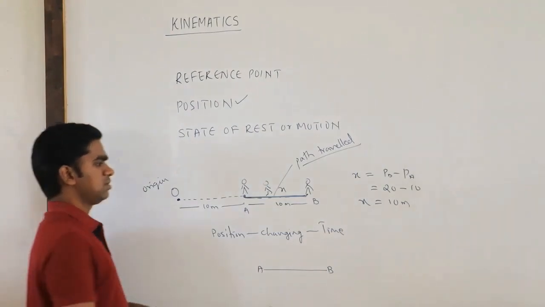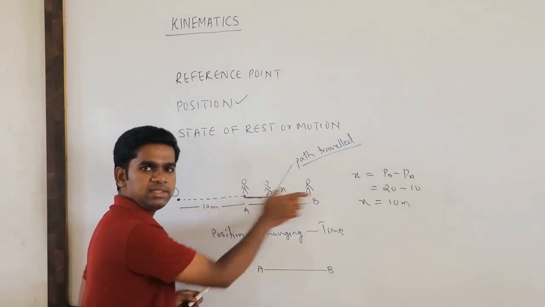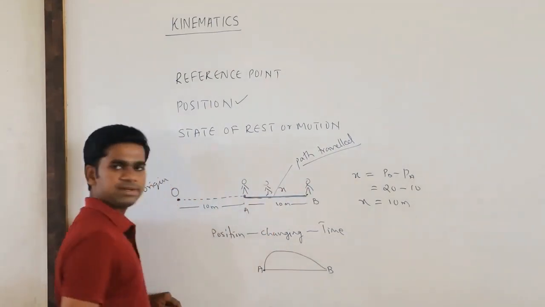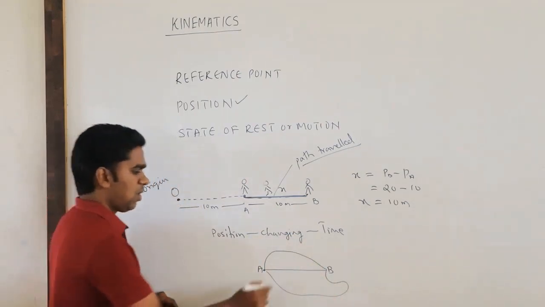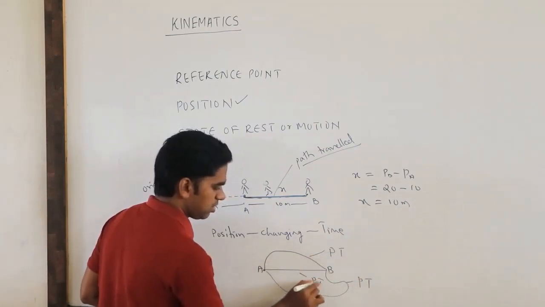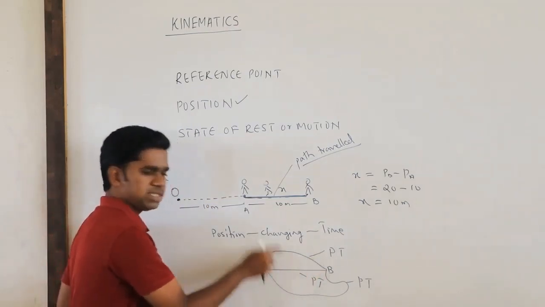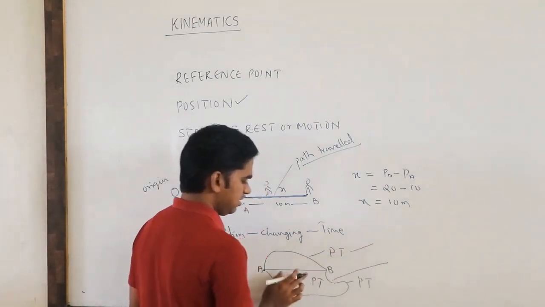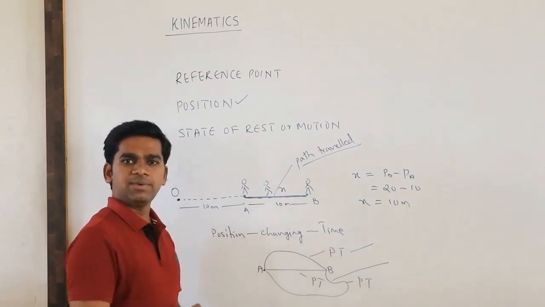Then you may ask, if this is the path traveled by the person, why should the person go only in this direction? He may go from here to here, or he may go and come here. These are all path traveled. Then is there any difference between these paths and this path? Of course. They are called by different names, but all are path traveled only.